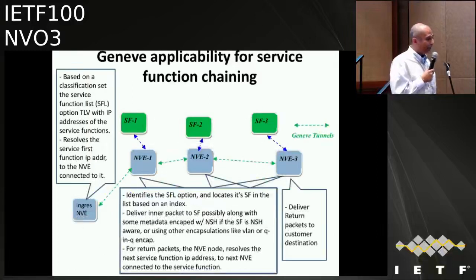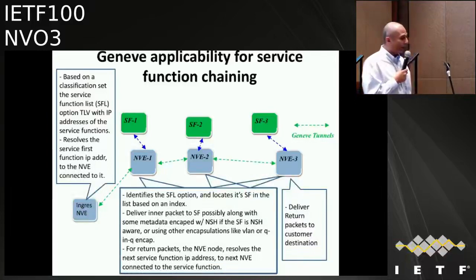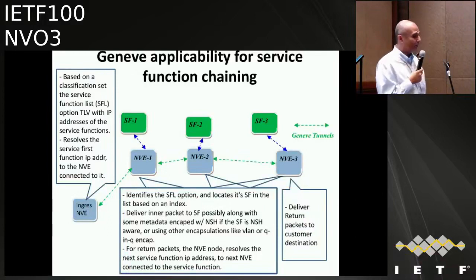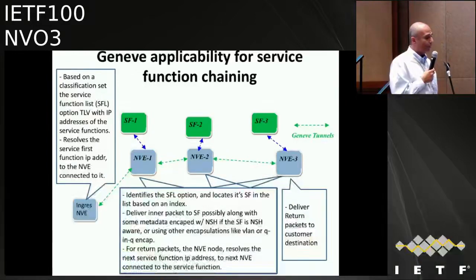So please read the draft. There are lots of details that describe the exact mechanism, and also some details about what we are going to be passing along the packet if the service function is NSH aware or not, and how we are going to pass metadata to it or keep context associated with the service function list as we go through the path of the service function path.